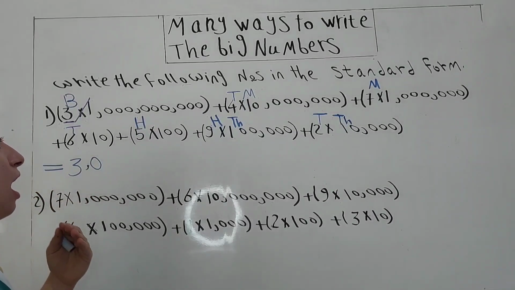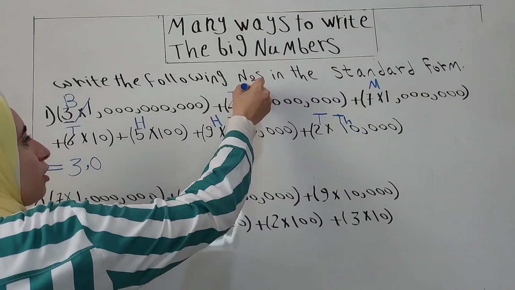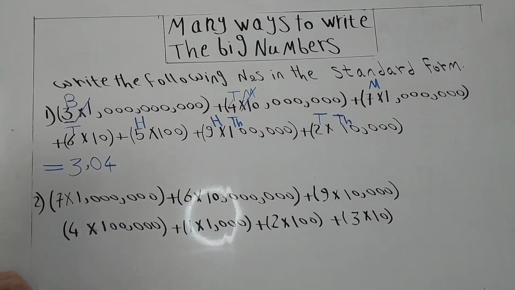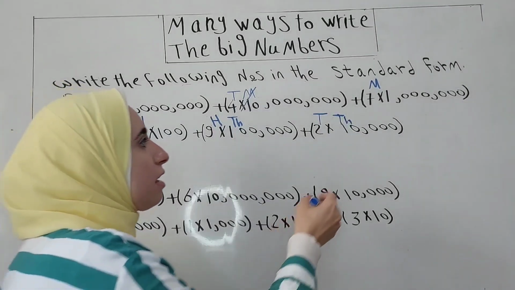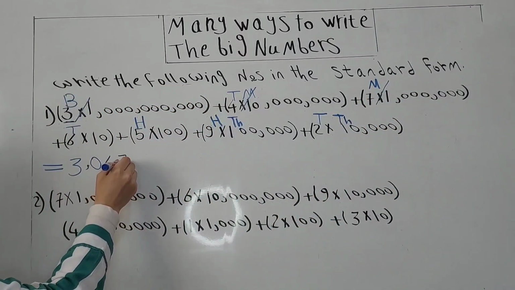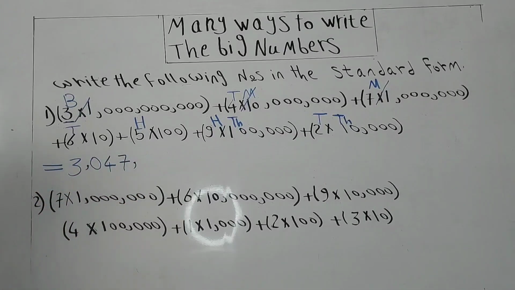The next higher place is 10 million. We found 4, so we write 4. The next higher place is million. We found 7, so we write 7. We finish this family. We make commas.